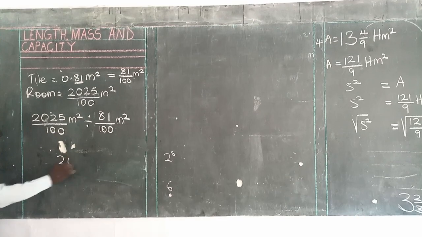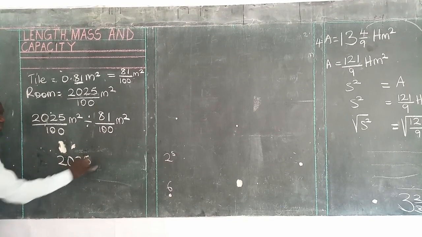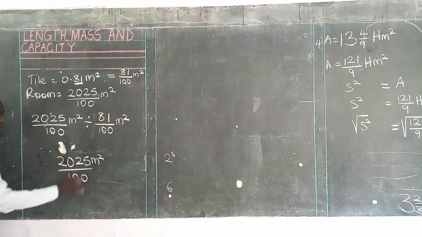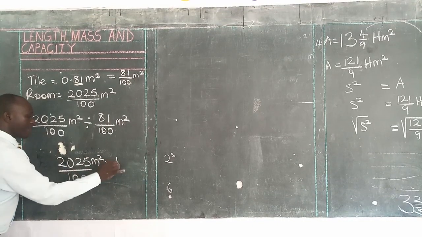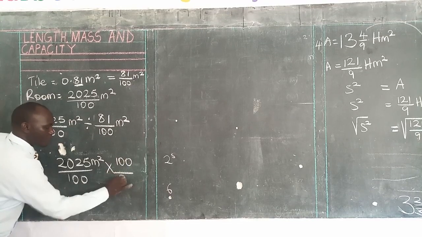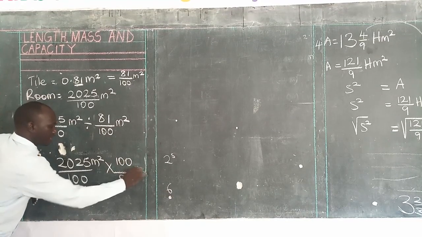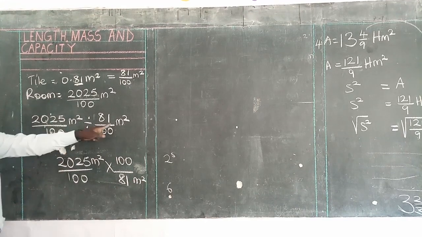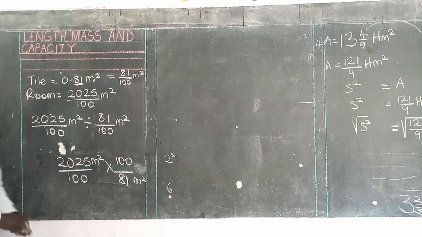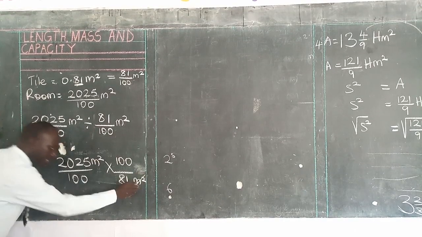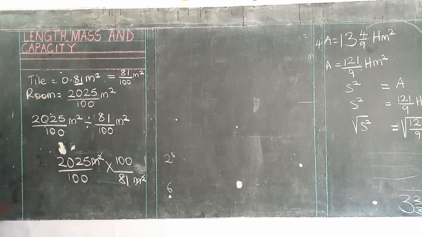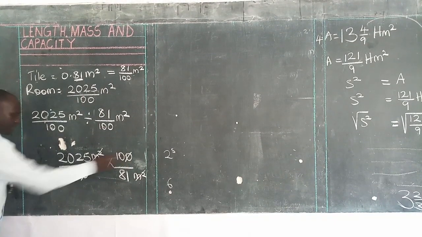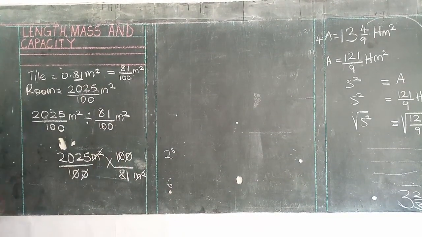So I have 2025 square meters out of 100. Now we multiply by 100 out of 81 square meters. You can see that my square meters is down, so this unit will cancel by this. I'll divide this by 10, that by 10, this by 10, that also by 10.